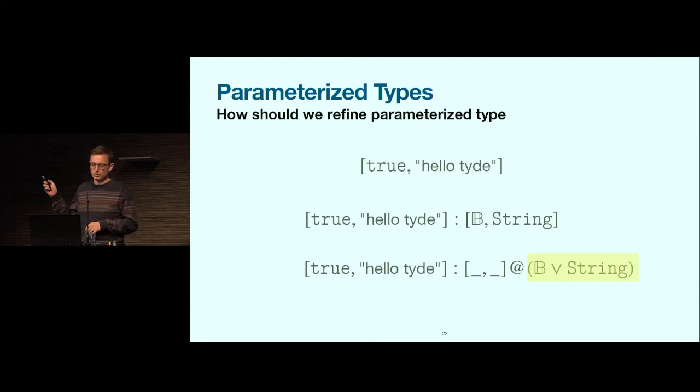But what this requires you to do is to have some kind of refinement types at higher kinds. So here, this is notation for the refinement of a two-element list applied to the type Boolean or strings. And the whole complexity is how do you do algebraic subtyping at higher kinds.